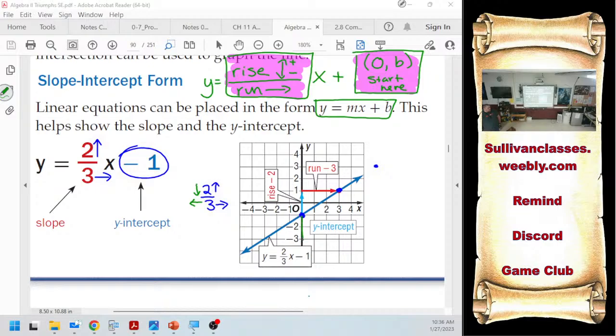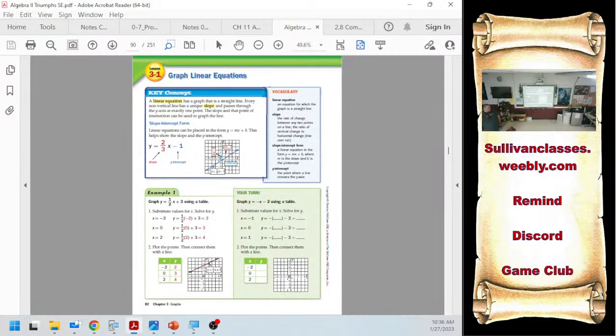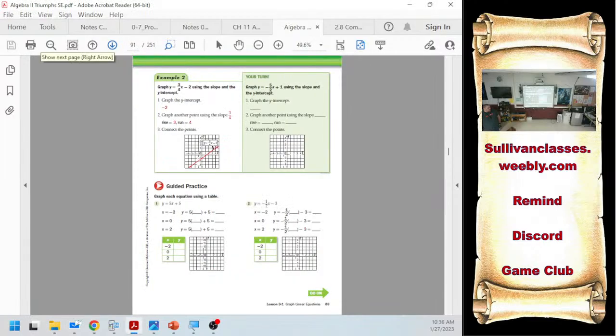I can go down 2, left 3. If I put the arrows next to the slope, it will keep me headed in the correct direction. And after that, boy, does slope-intercept get real easy, because it's all about just counting boxes.